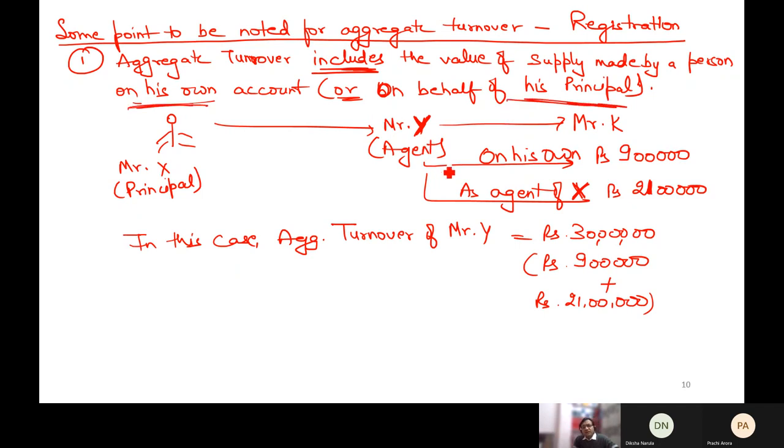The agent cannot say do not include 21 lakh in my turnover. The Act says that even if you are supplying on behalf of a principal, you are still doing some sale, so that is also part of your aggregate turnover. You have to take compulsory registration if by including this your aggregate turnover exceeds the ceiling, which is based on the place from where you are providing the service. That's it. This is the first point. I hope it is clear. If not, you can ask me, otherwise I am proceeding to the next point.